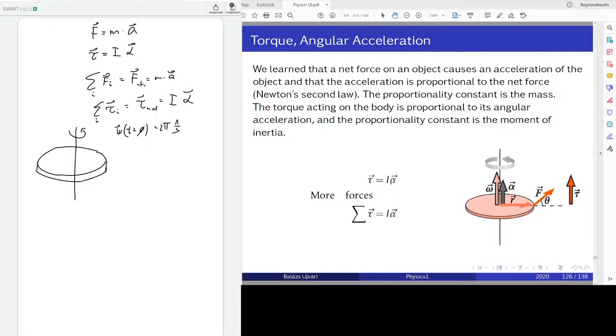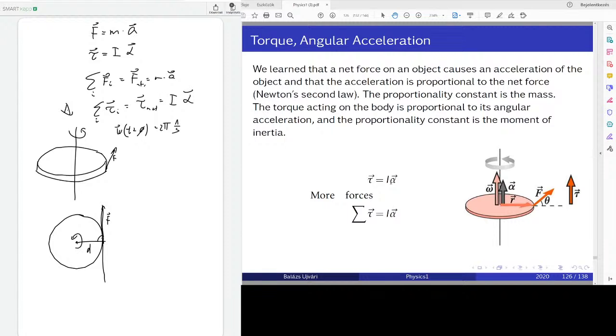So let's use another perspective. If you look at this cylinder from here, this is how it rotates, and there will be a force like this. If the force is perpendicular, this d, the line of action, is nothing else, just the radius.